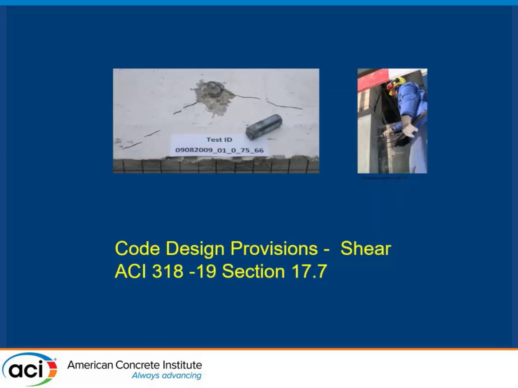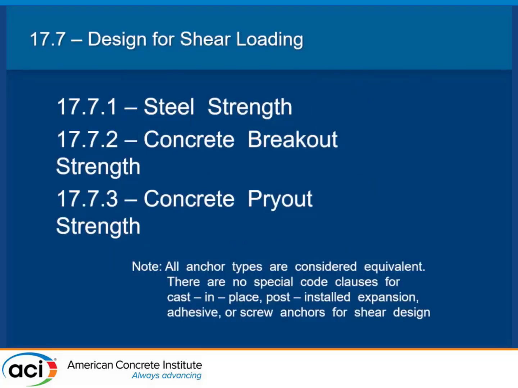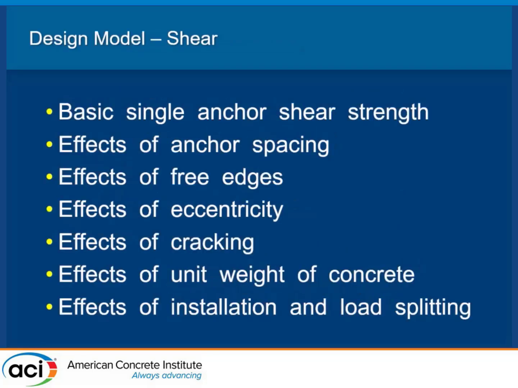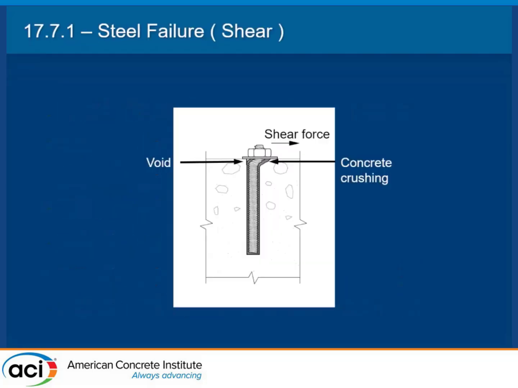Shear, not as much. Once again, we only have 3 things we're looking at: steel, breakout and pryout strengths. Very similar things that we're looking for and all the factors that we have in the equation. Steel failures, it's the shear force. And here they're showing a little bit of crushing in front of, say, an epoxy anchor, but this is still considered a shear failure.